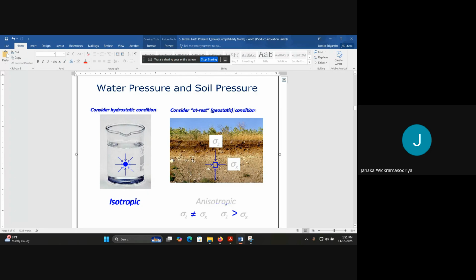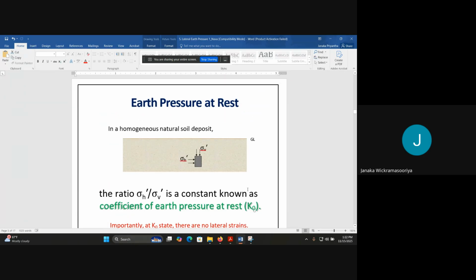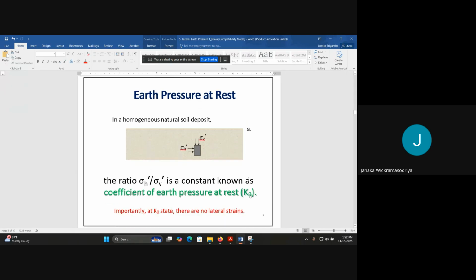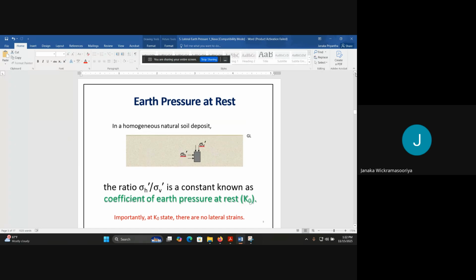So for the dry soil, we have to do this anisotropic analysis, and for the water, we have to do the isotropic analysis. Therefore, when considering the soil, you have to take the dry soil and water separately. So first we will discuss how we can find the earth pressure at rest.